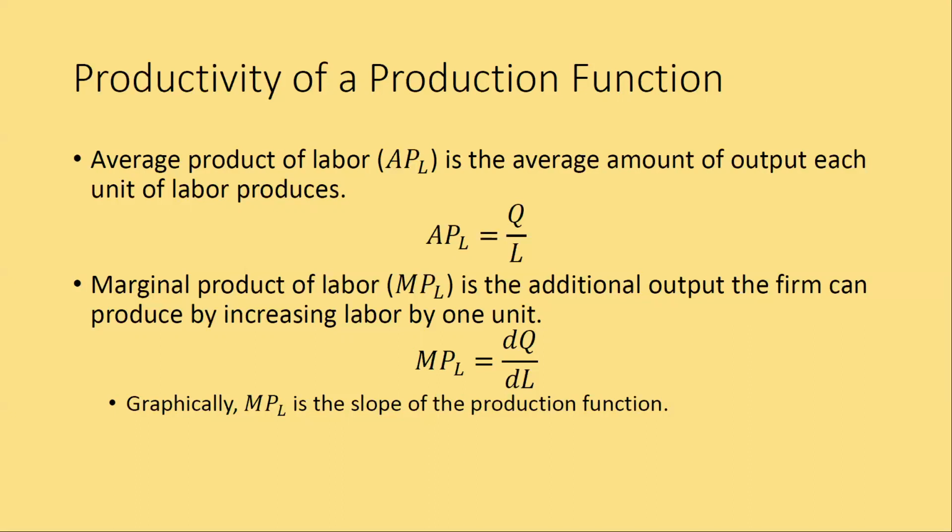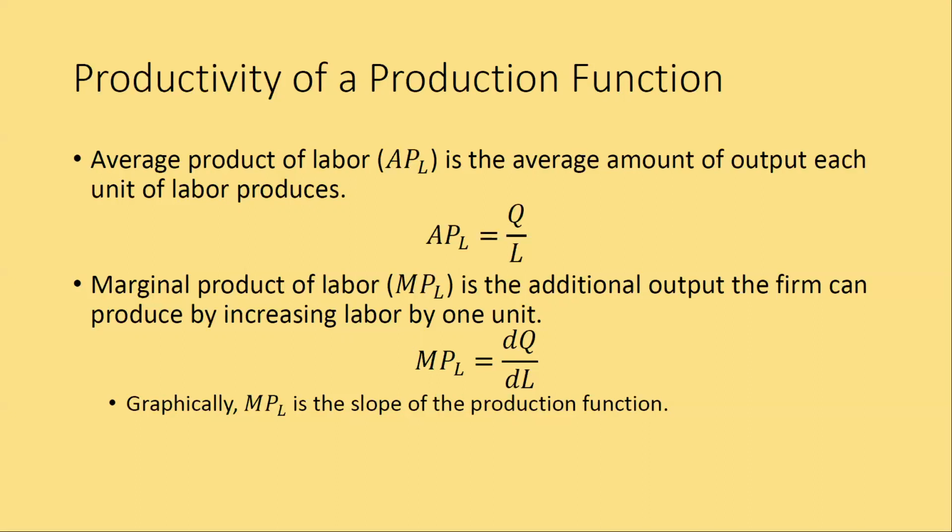The second concept is marginal product of labor, or the marginal return of labor. This is similar to the concept of marginal utility. This is the additional output the firm can produce by increasing labor by 1 unit. We are going to differentiate our total production function with respect to labor.